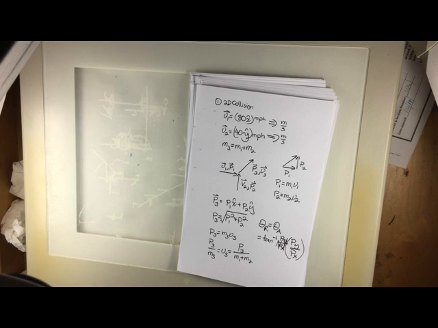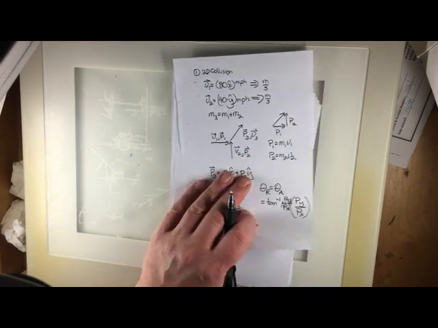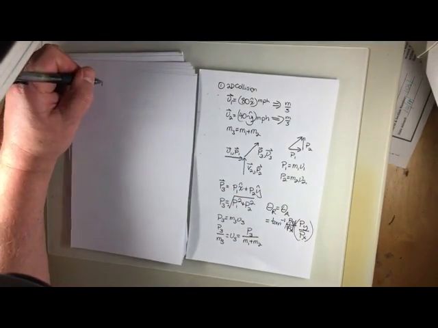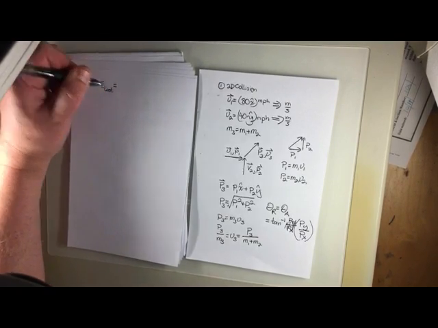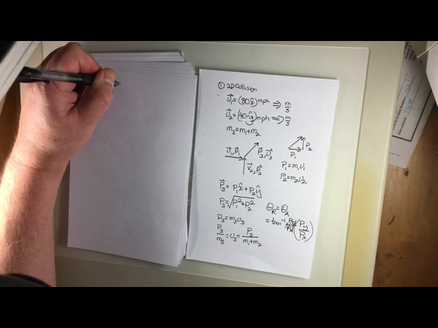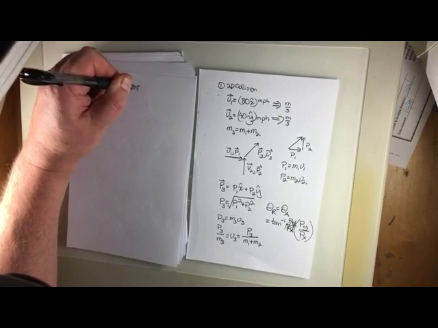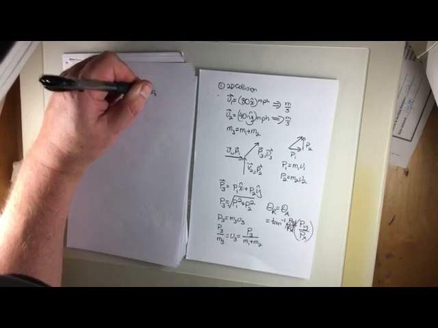And that's problem 1. Oh, how much energy is lost? All right, let's do that. Energy lost is equal to, really it's the delta E. So it is energy final minus energy initial.